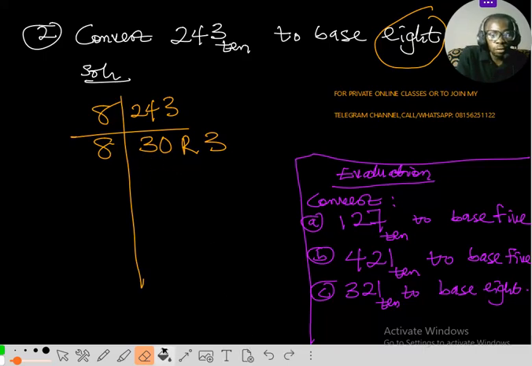So 8 in 30 will be 3 times. 8 times 3 is 24. 30 minus 24 is going to leave a remainder of 6.